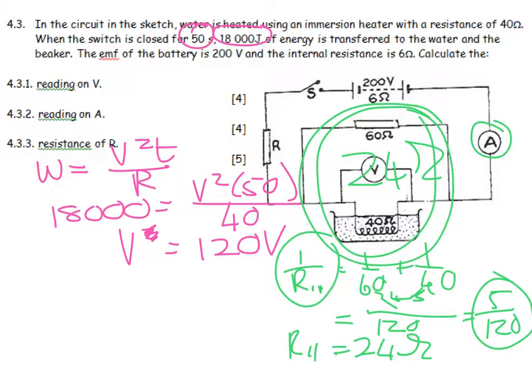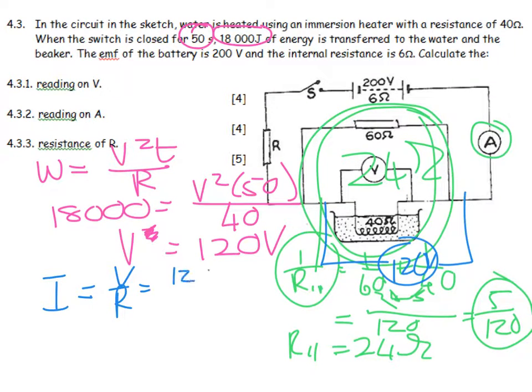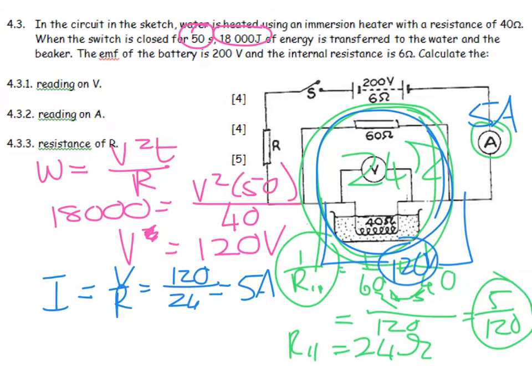I know that the voltmeter reading across this branch, I just worked it out, so I'm able to say, when I regard this part of the circuit, current is equal to V over R, 120 volts over 24 ohms, and that is going to give me the series current of 5 amps. It's the same at all points of the series circuit or over the whole parallel network.